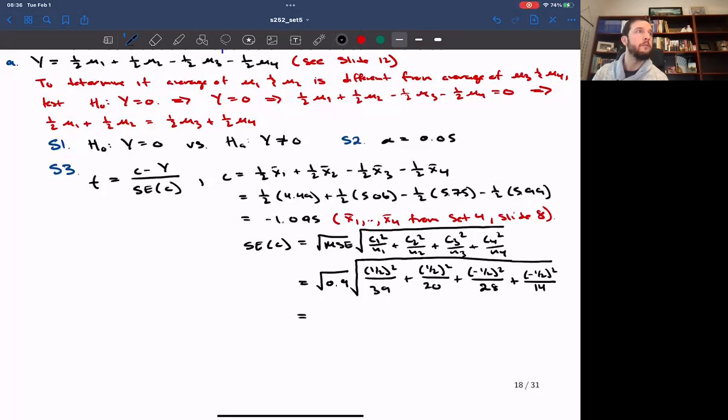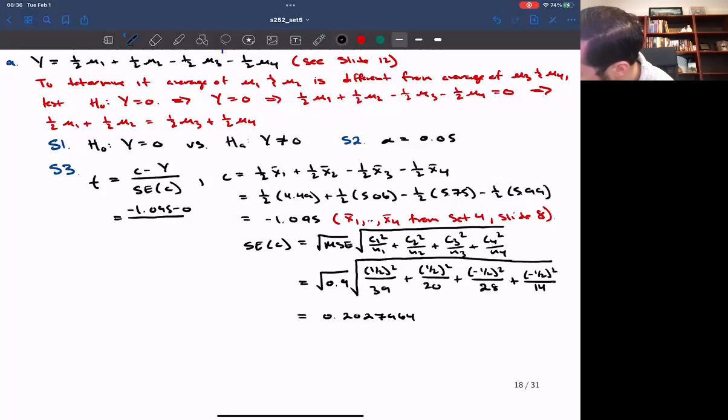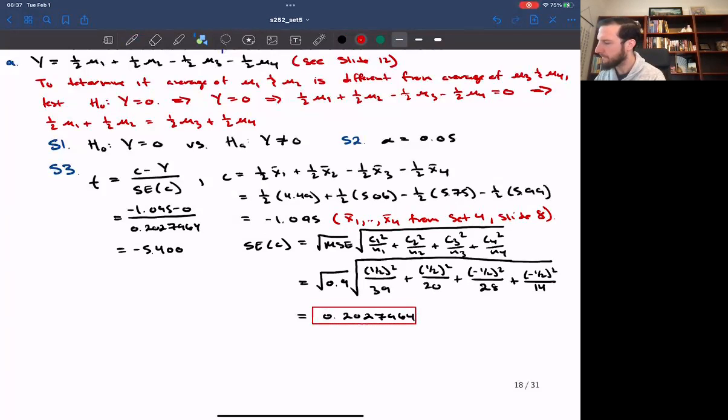And that gives us 0.2027964. So then we have negative 1.095 minus 0 divided by 0.2027964, which is negative 5.400. And then this part here is technically what part A is asking for.